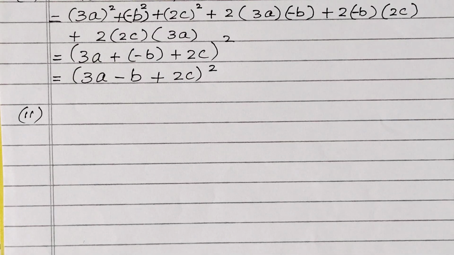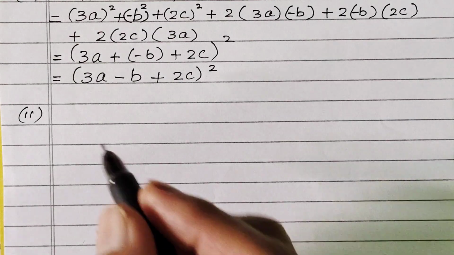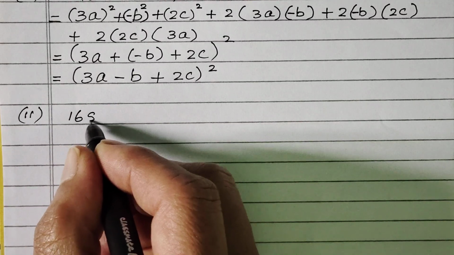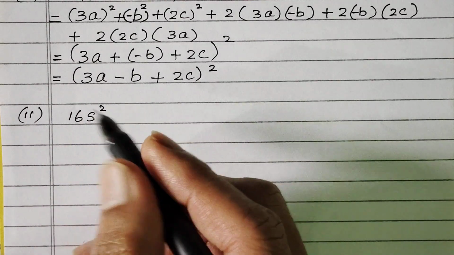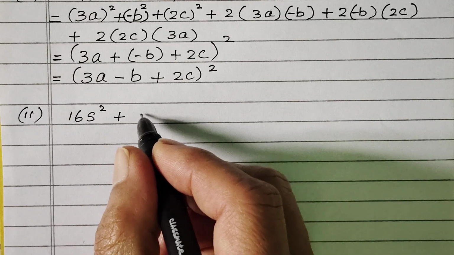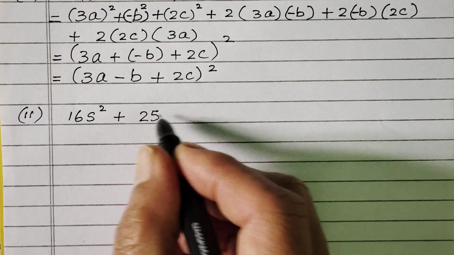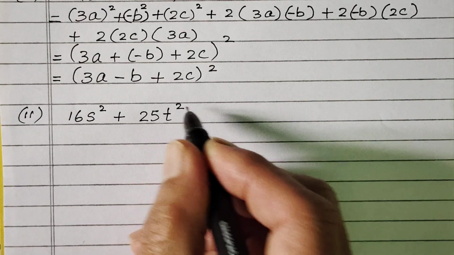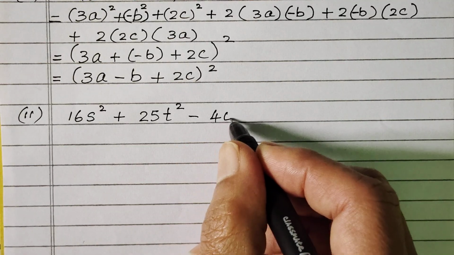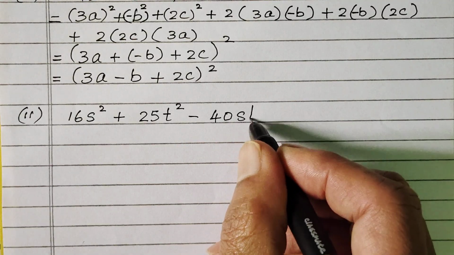Second sum is 16s square plus 25t square minus 40st.